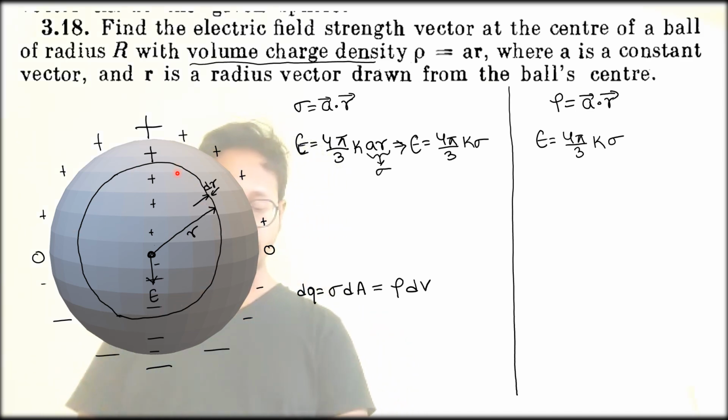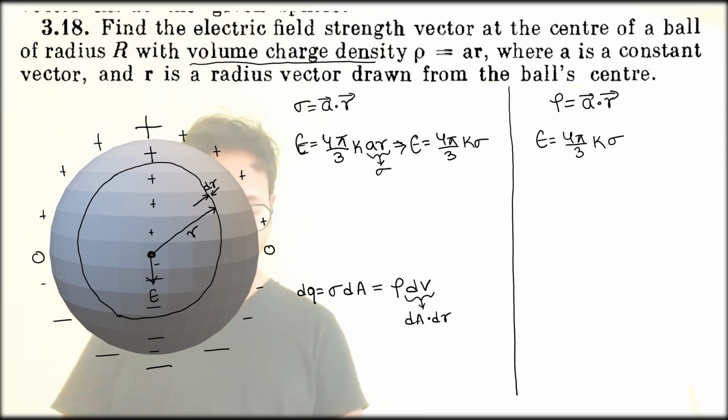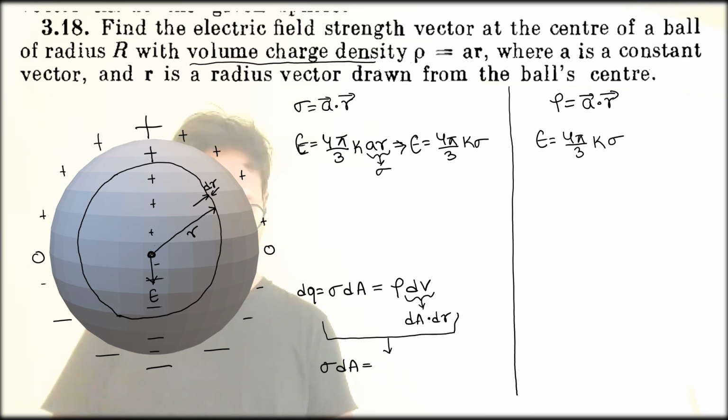The volume of this shell is nothing but the surface area of the shell into dr. Now, if I take both of these equations down here and equate them, sigma into dA is equal to rho into dA into dr.